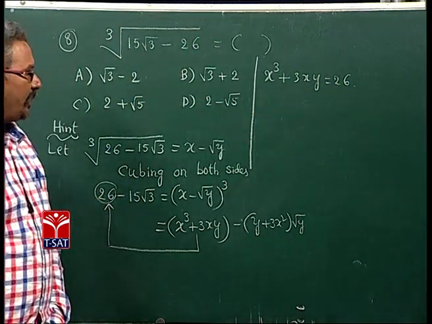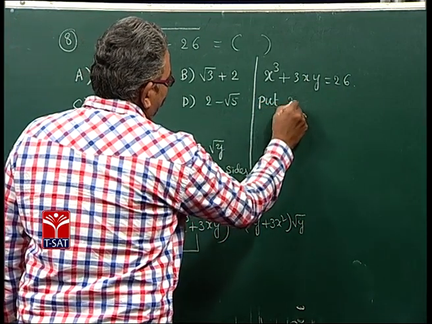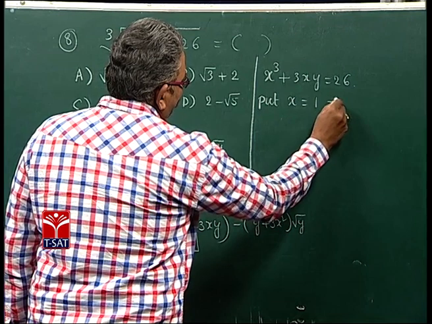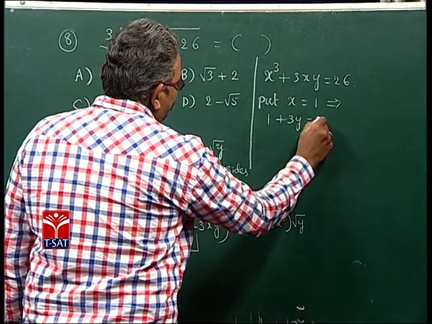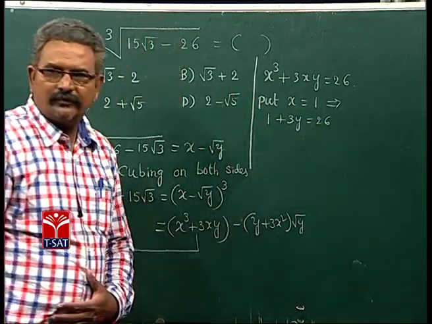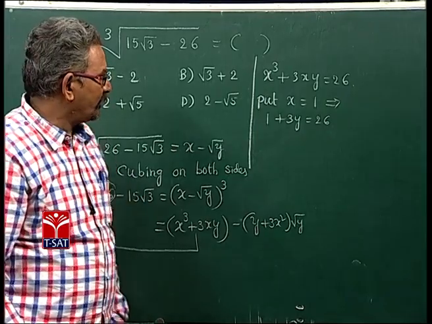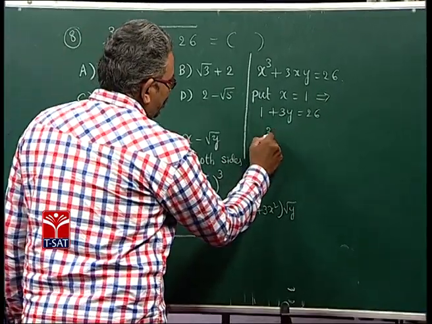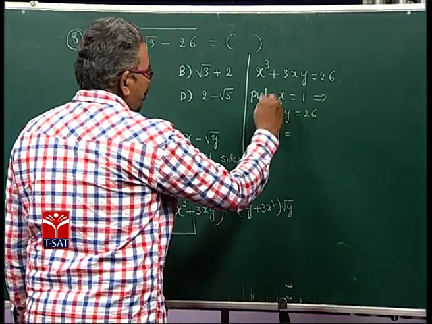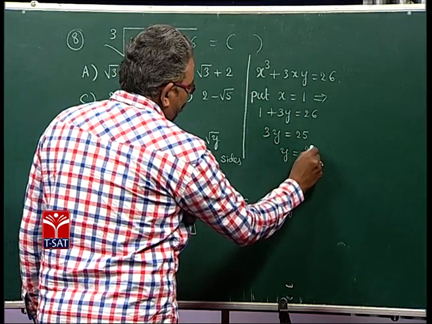Now trial and error method. Put x is equal to 1. See, we get 1 plus 3y is equal to 26. Now transpose 1 that side. So 3y is equal to 26 minus 1, 25. Y is equal to 25 by 3.